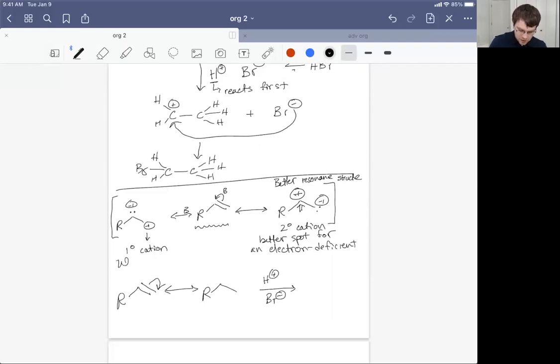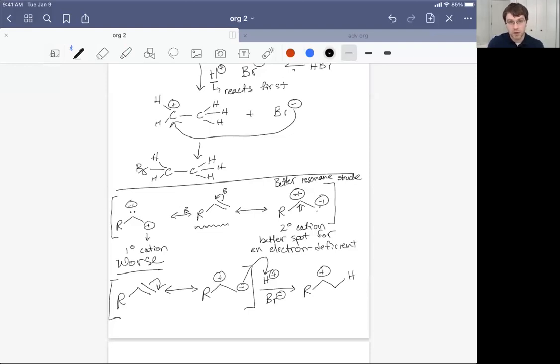So this one on the left is worse. The one on the right is better than the one on the left. And so I put my positive charge here, I put my negative charge here. When we consider only the better resonance structure, it seems like the negative charge on the right carbon will attack the positive, meaning that we'll build up positive charge character.